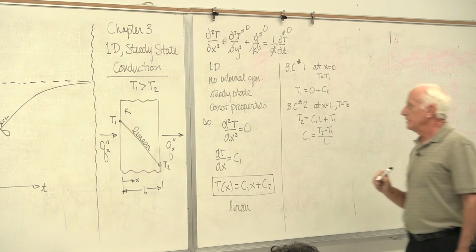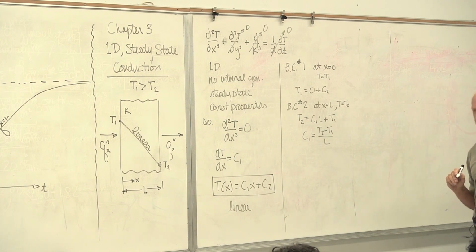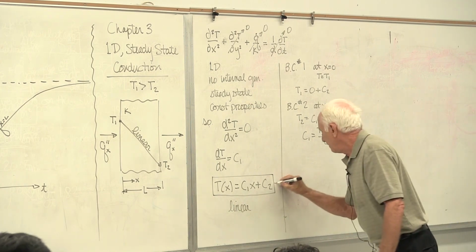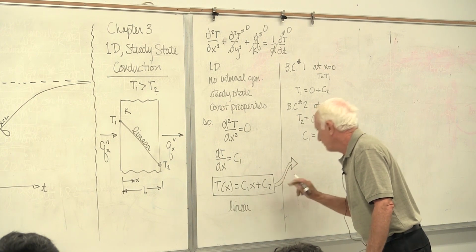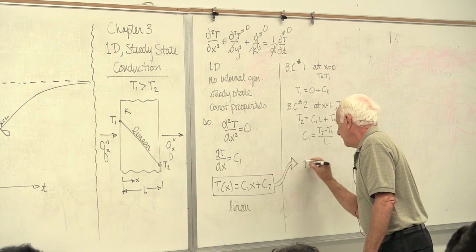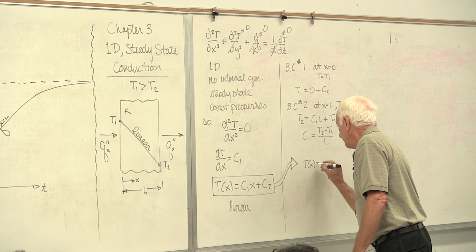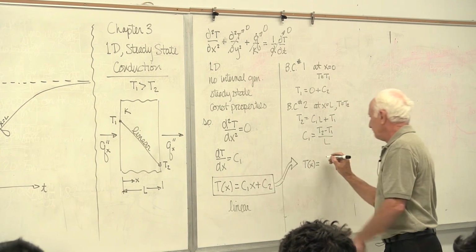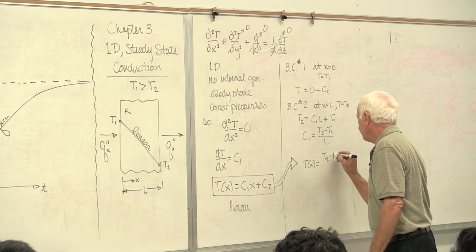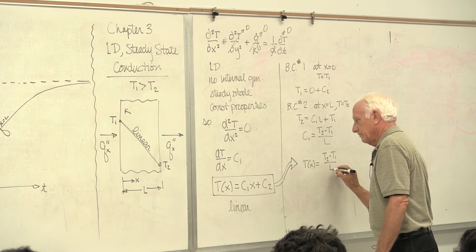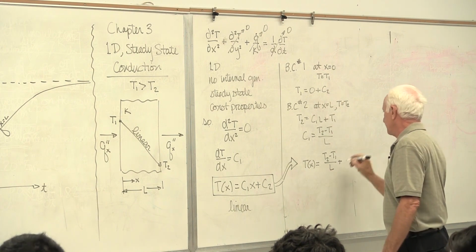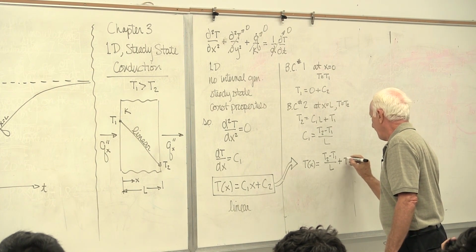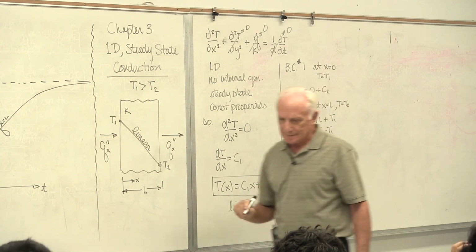All right, plug them back into the general solution. So now I plug them back in here, and I get T as a function of x equals C1 x plus C2. C2 is T1.